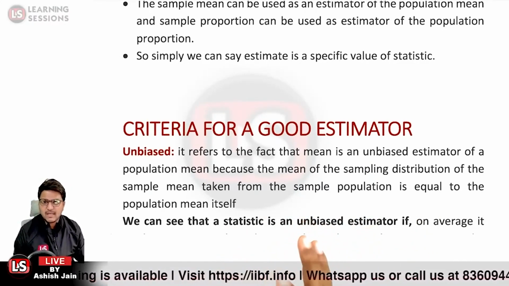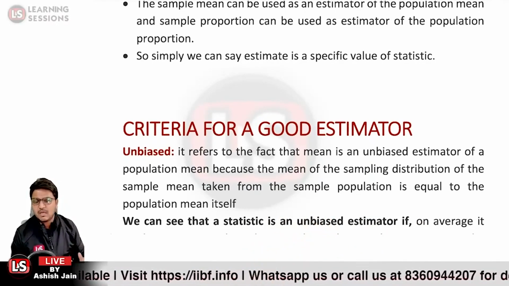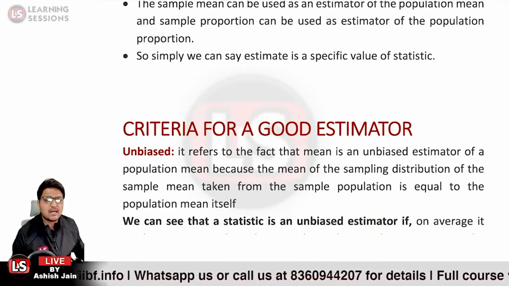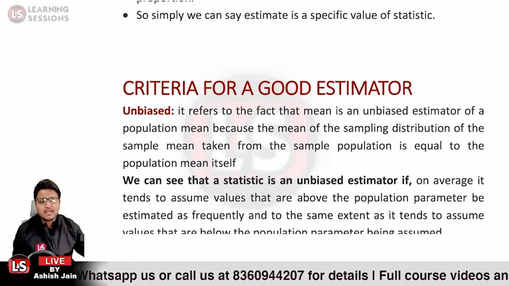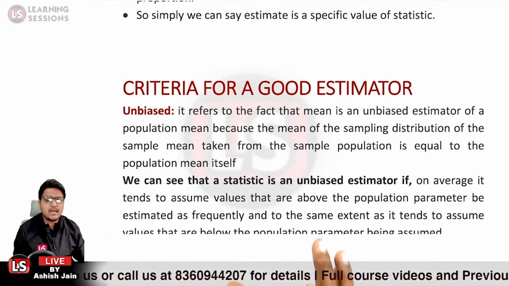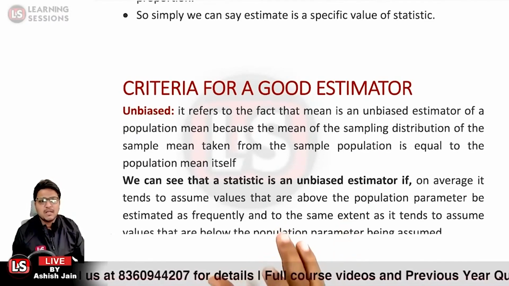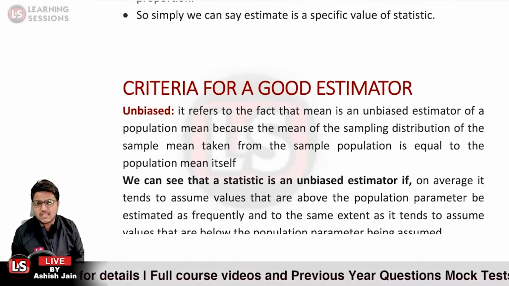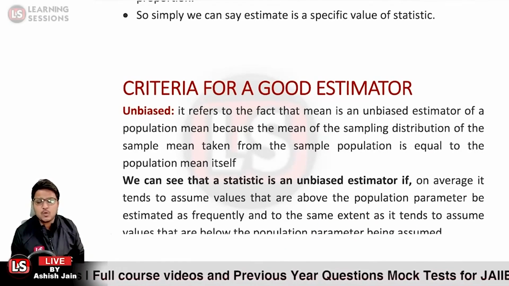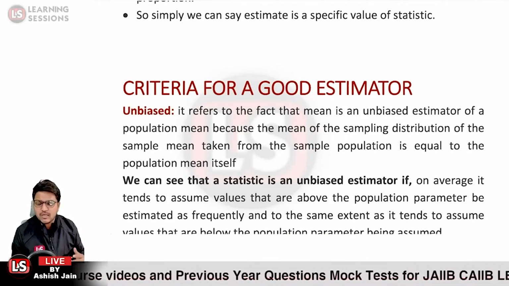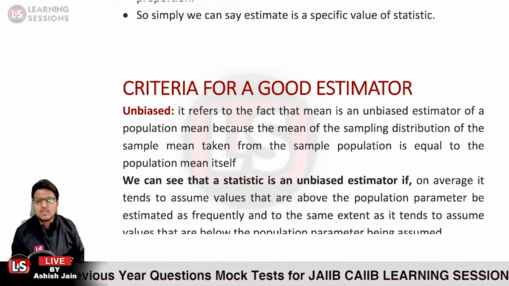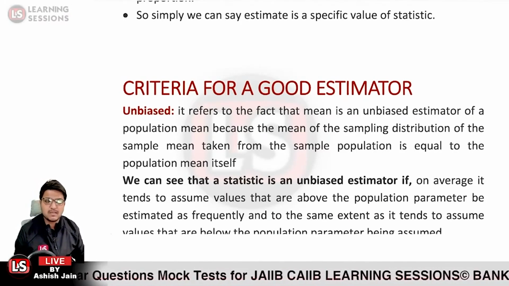A statistic is an unbiased estimator if on average it tends to assume values that are above the population parameter being estimated as frequently as below. So whatever values were estimated should tend to move in the same way as the population parameter.